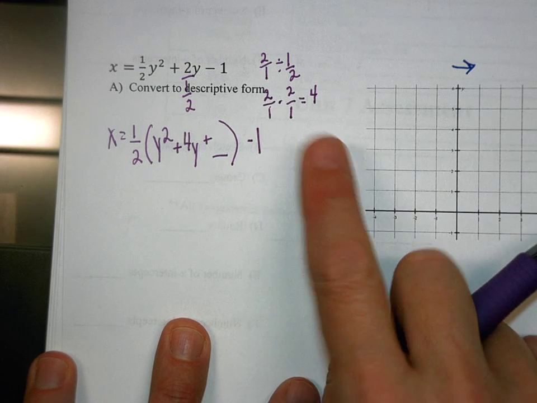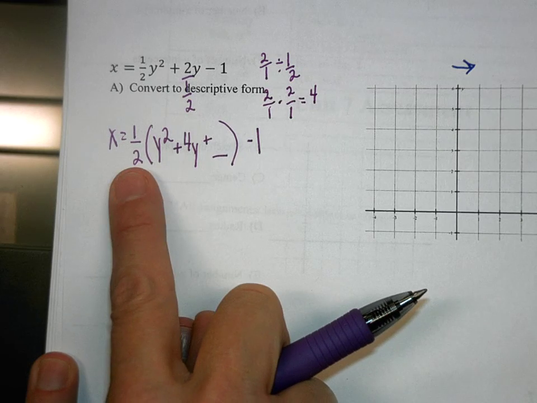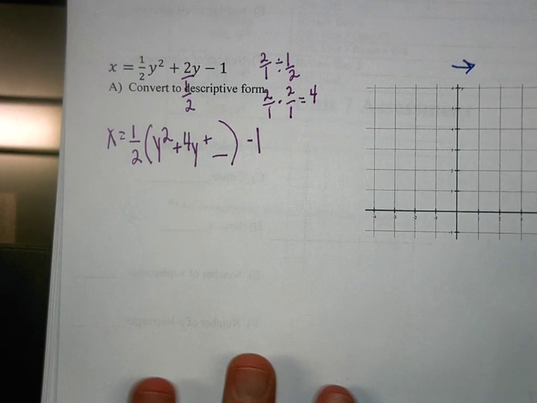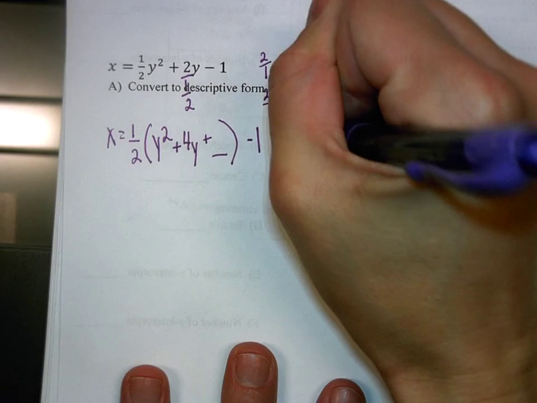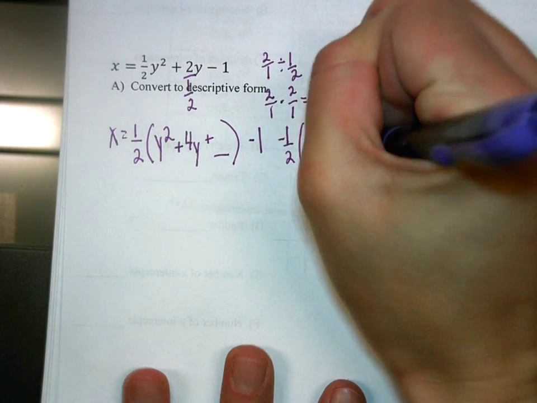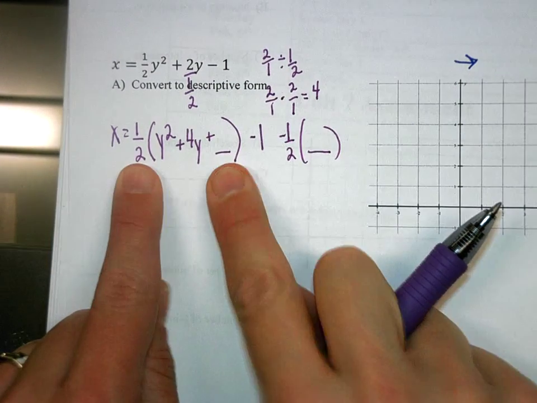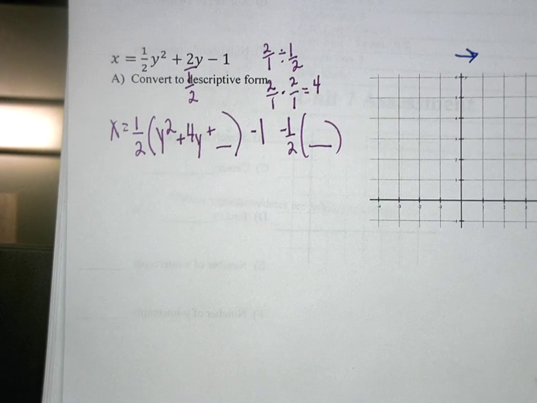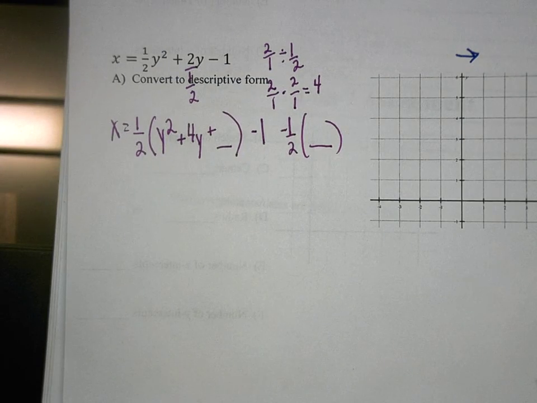Okay, so right now this is saying 1/2 times the blank. How are we going to balance it? Very good. Minus 1/2 times the blank. So if we have 1/2 times the blank and we have a negative 1/2 times the same blank, it will balance. It'll make 0. Are we all okay with that?